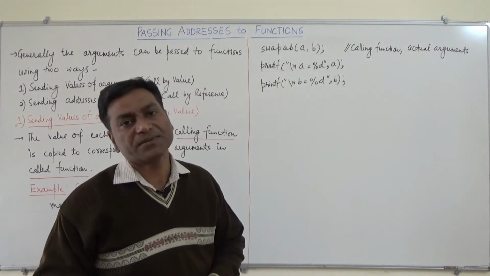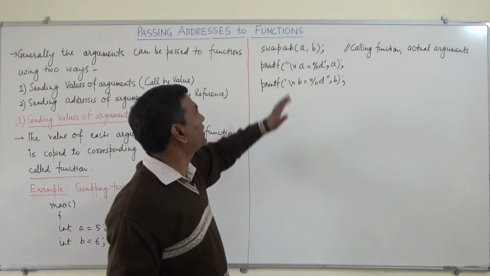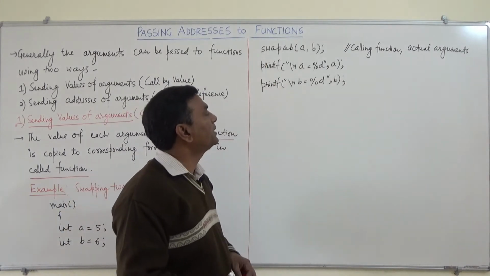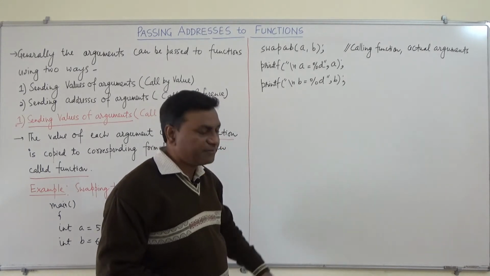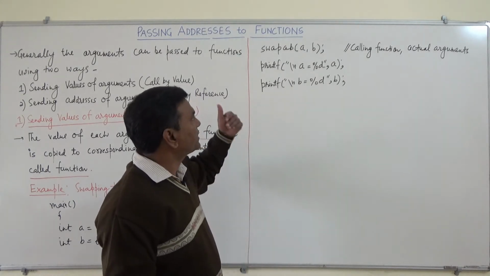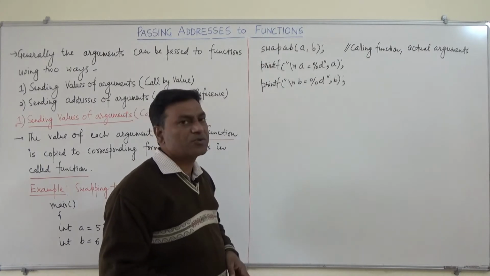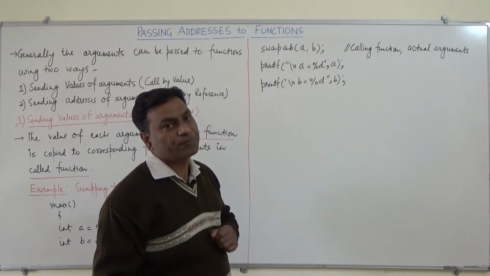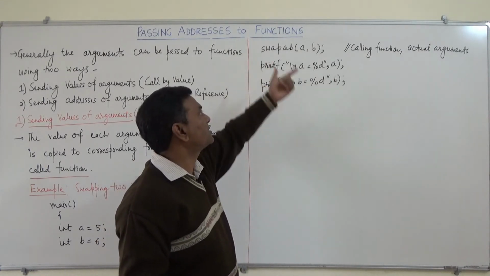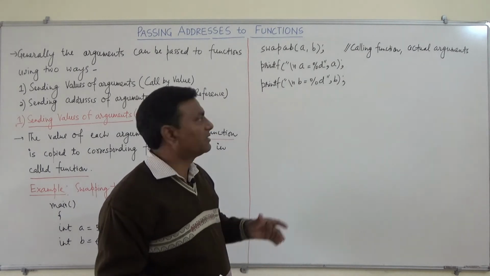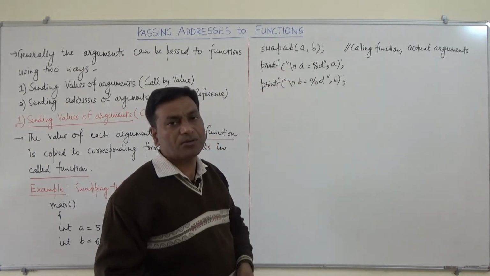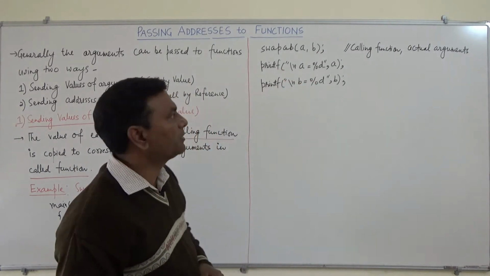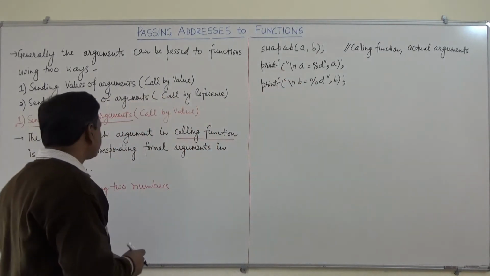Here one thing is very important, because here we are calling a function swap(A, B). Now we will give the definition of this swap. Then we will see whether the changes made in this function have some reflection in these two values or not. So this is the important point of this program.